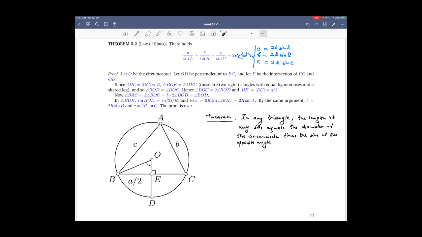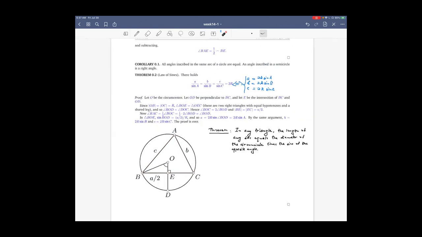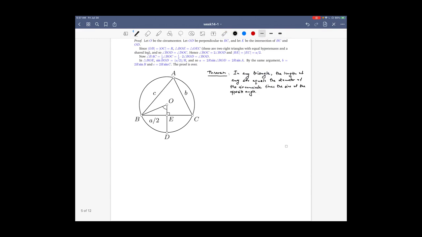Now, how do we prove this? Well, in the picture you see a triangle with all angles acute. So I encourage you to check this proof for the right triangle and the obtuse triangle.